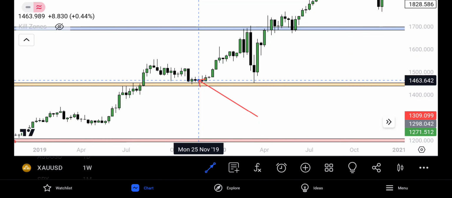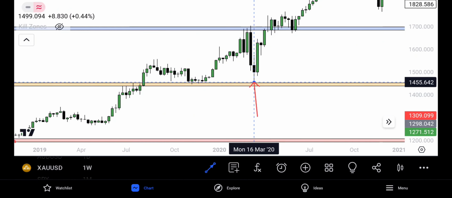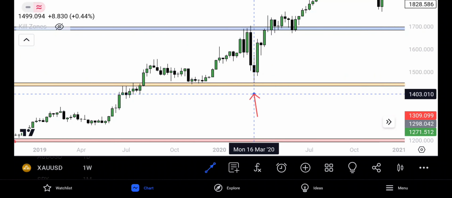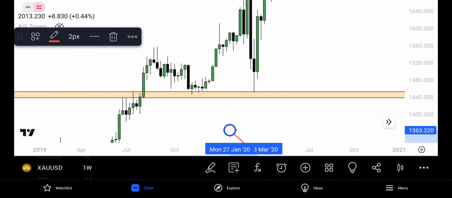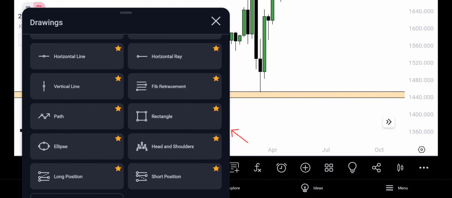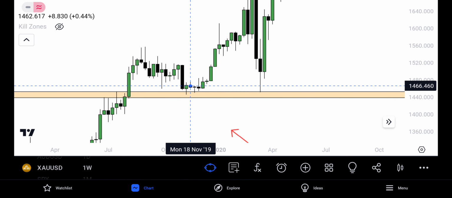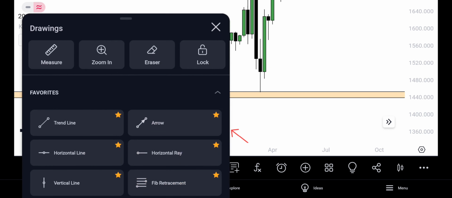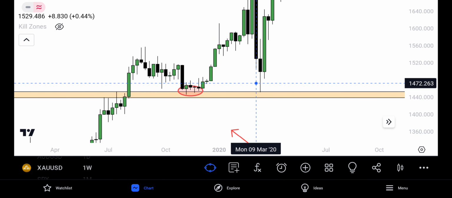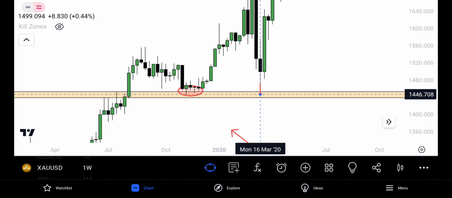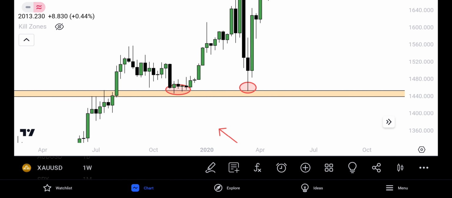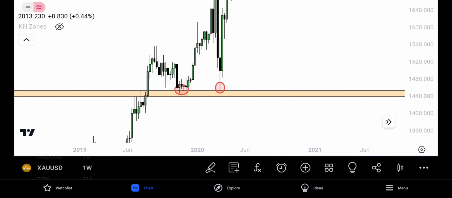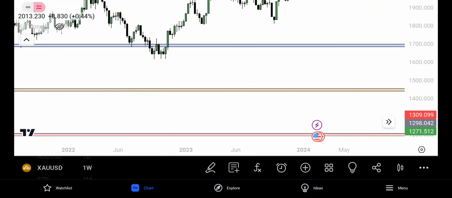It literally came to tap here to move up, tap here to move up. So let me label that also for you guys. You can also see this one too here. And that's for the yellow zone.